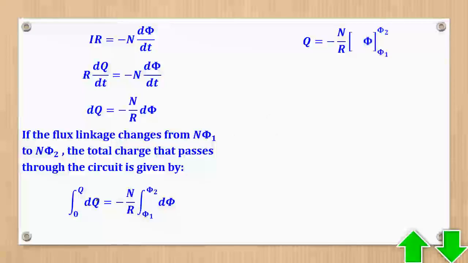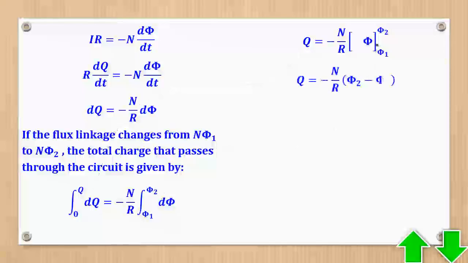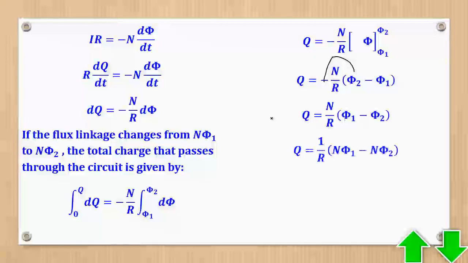So when I integrate, this gives me Q, and this gives me that. Bring in the limits, you come up with that. So take this negative inside to come up with that.